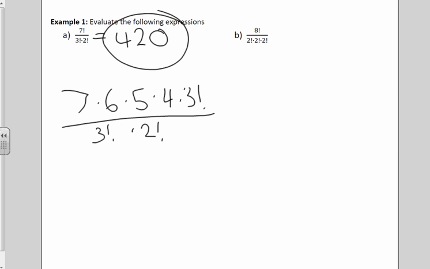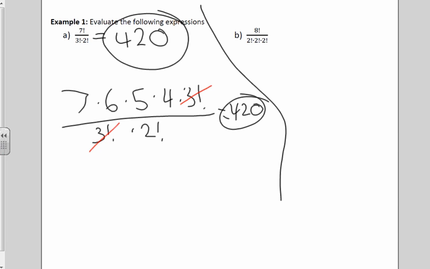As you can see, you can cancel out these 3 factorials, and that's how you get 7 times 6 times 5 times 4, and you would get 420. So the exact same answer.